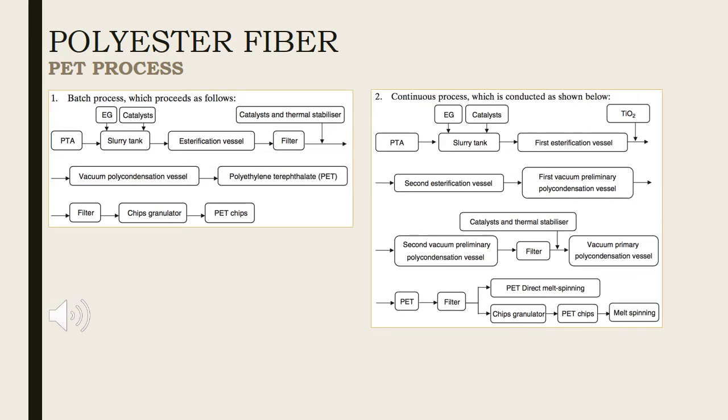Batch-wise system needs two types of reaction vessels, one for esterification or ester interchange and the other for polymerization. Continuous system needs at least three types of vessel, one for esterification or ester interchange, another for reducing excess glycols, and third one for polymerization.